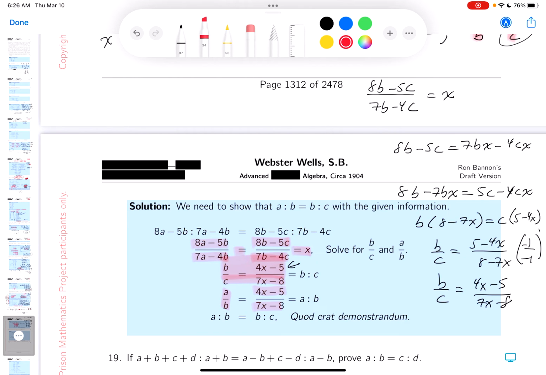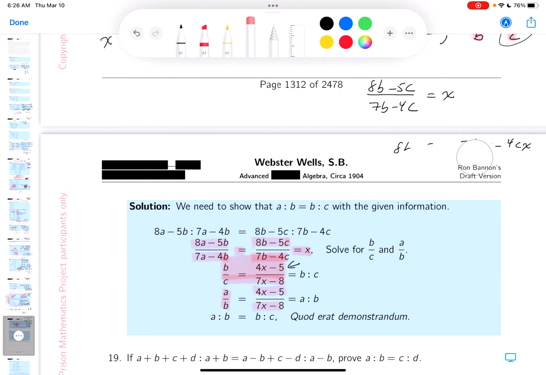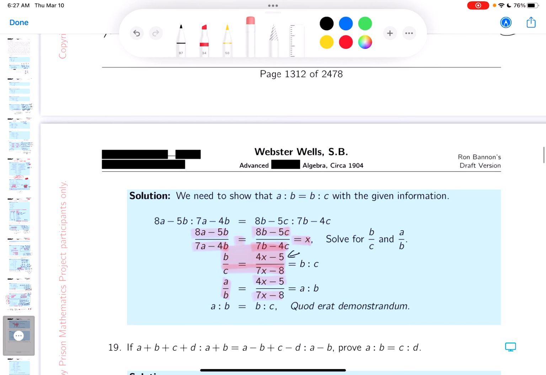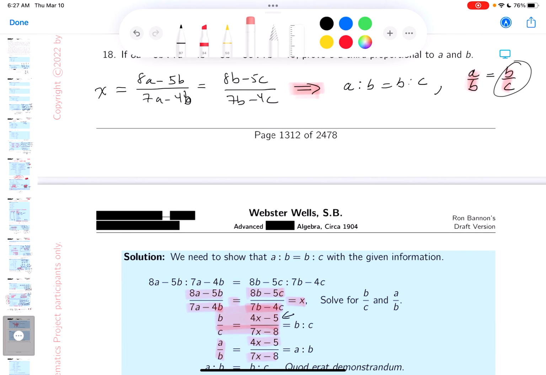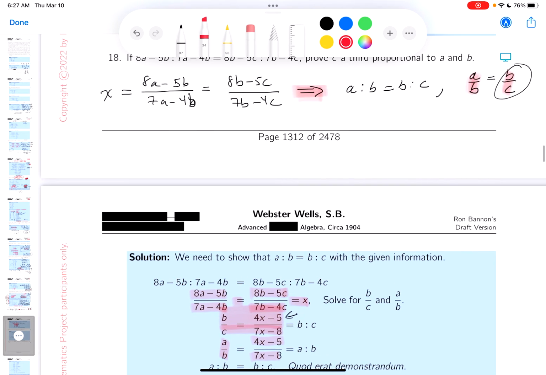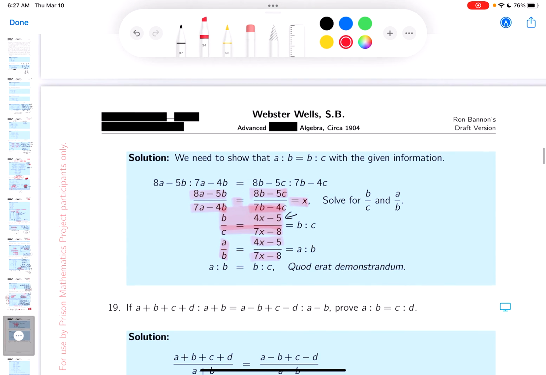All right? So let's take a look. I'm going to get my eraser out, erase all my work. By the way, this is not the only way to do the problem, but it's the way I initially saw the problem. All right, now, what are we supposed to do? We were supposed to show that this is the case over here, right? We were supposed to show this. Did I show that? I did. And what did I show?